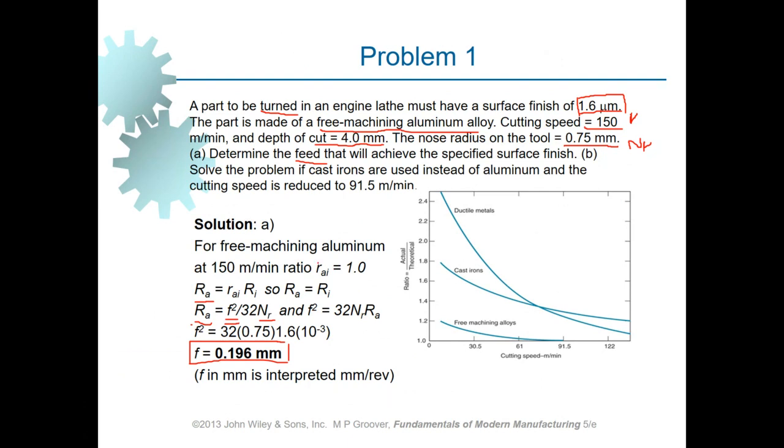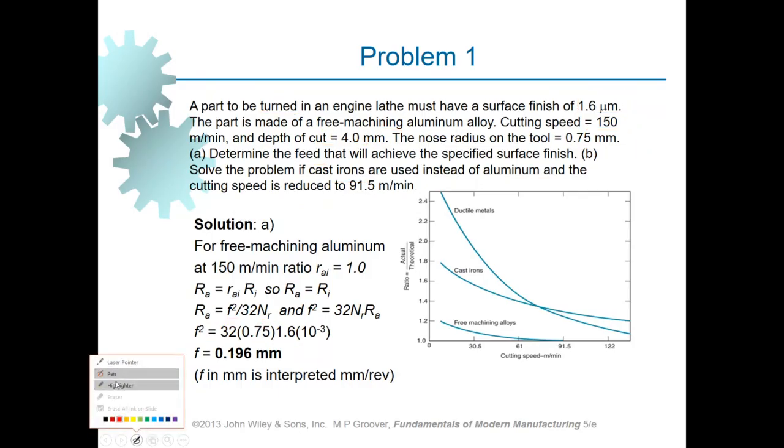Okay. Now in part B, it is asking us to solve the problem if cast irons are used instead of aluminum and the cutting speed is reduced to 91.5. So let's do it this way then.